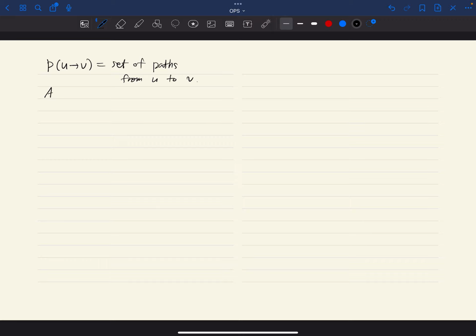So an edge weight of G, which is a directed or undirected graph, is just a function W from E to, let's say, some commutative ring.